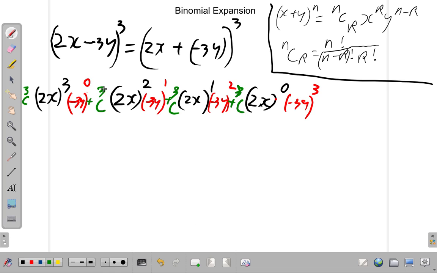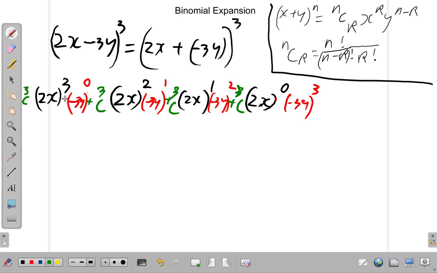That something will be the same as the power of x, or in this case the power of 2x. The power of 2x is 3, then 2, then 1, then 0. When you have it in the form nCr, you have x to the r.